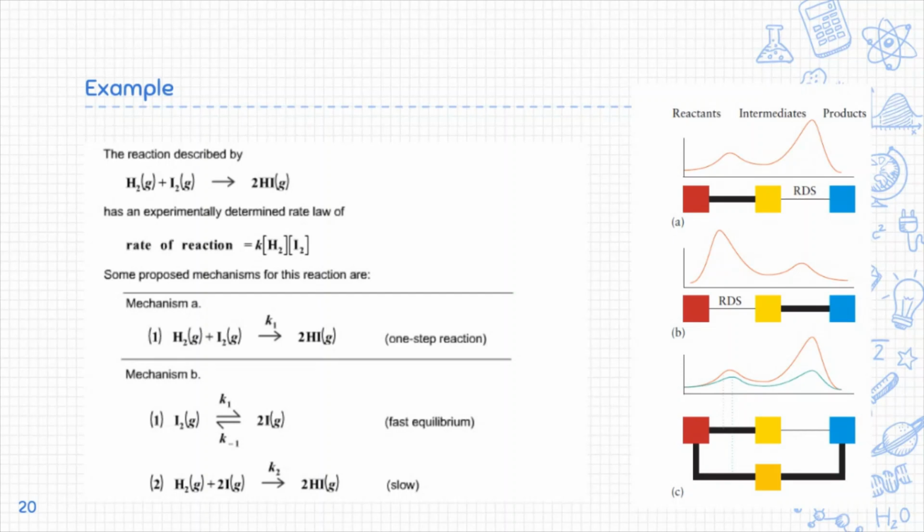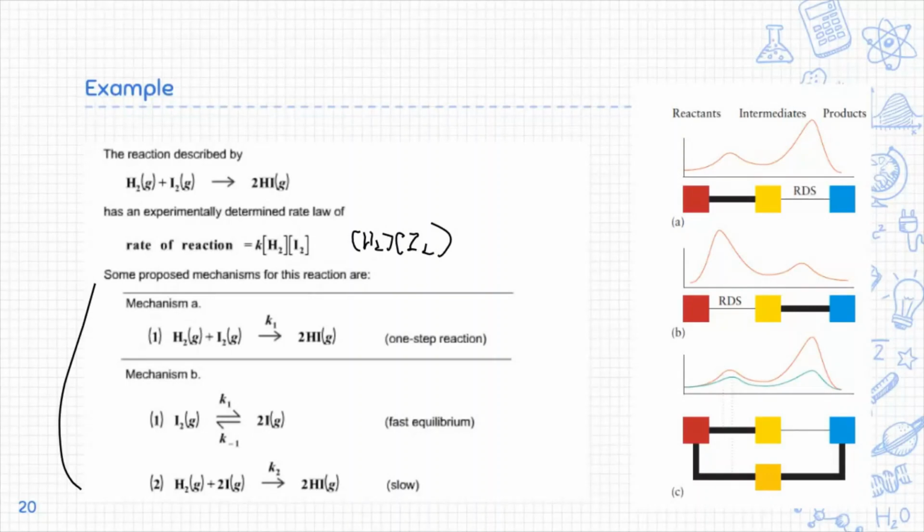So it's H2 and I2. And they also gave us two mechanisms to work with. So it could either be a one-step reaction where two molecules collide.